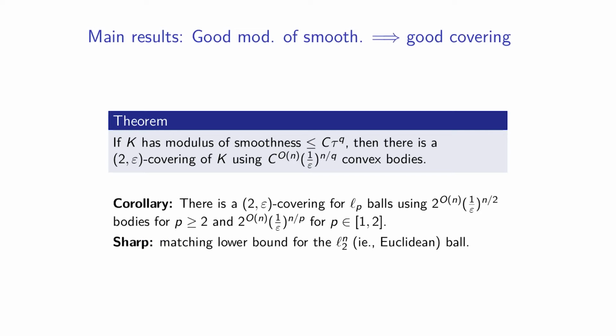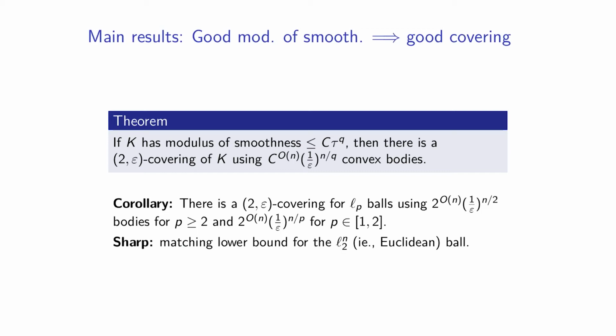So here's the theorem. If K has modulus of smoothness at most tau to the Q, the constant factor doesn't really matter, then there is a 2 epsilon covering using at most 2 to the O(n), 1 over epsilon to the n over Q convex bodies.